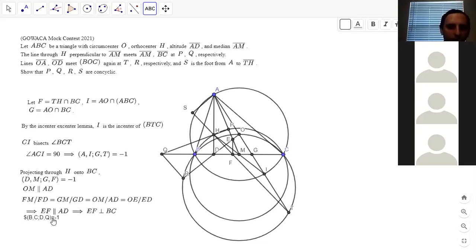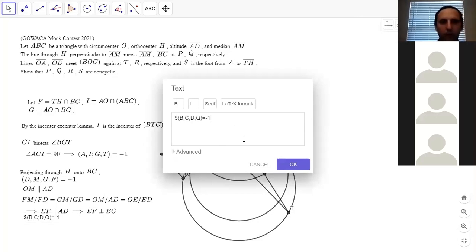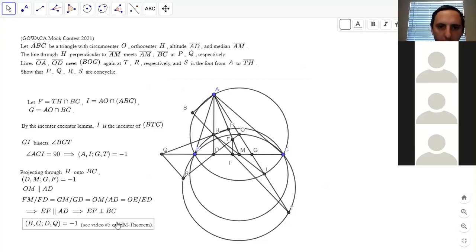I'll just say see the video on the HM theorem. If you watch that video, I think it shouldn't be hard to prove. I don't know if there's a more obvious way, so if you guys think of it, let me know.